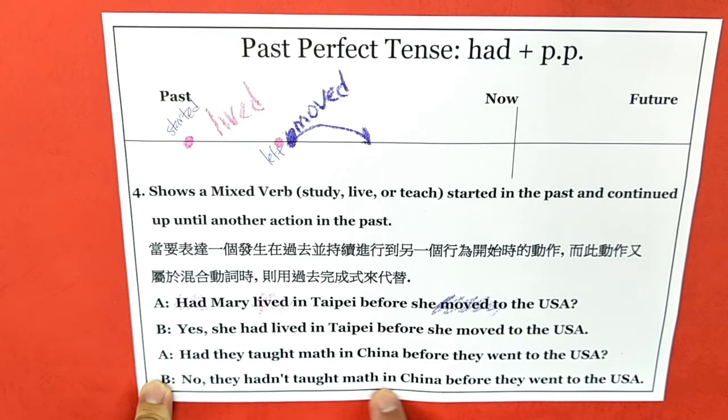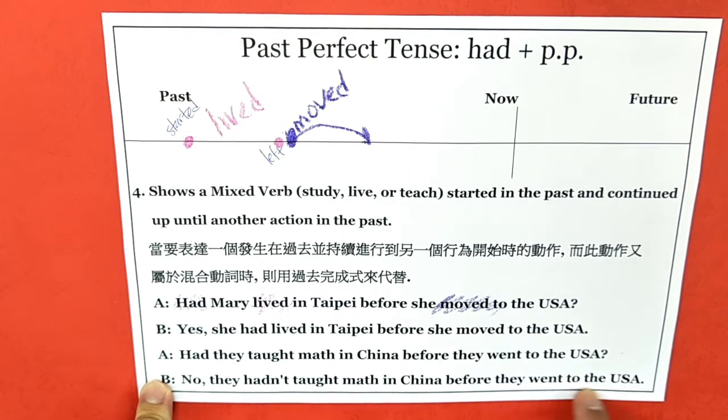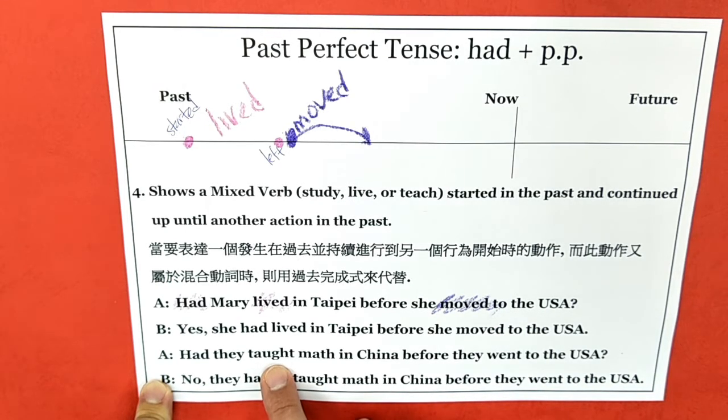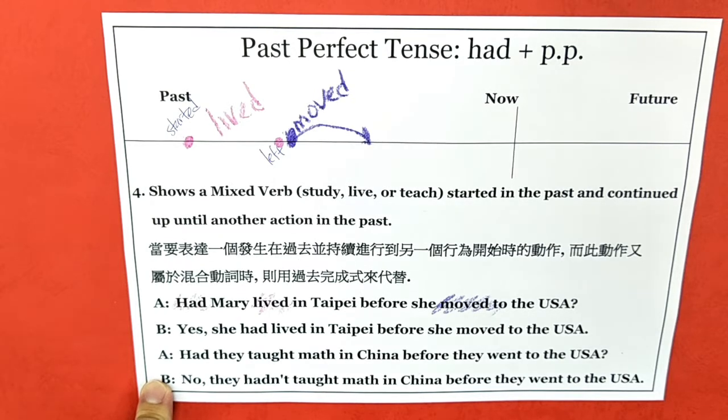No, they hadn't taught math in China before they went to the USA. Again, teach is a mixed verb. We could also have said, did they teach math in China before they went to the USA? See, I could use the simple past. I like the past perfect better, but you could also use the simple past.